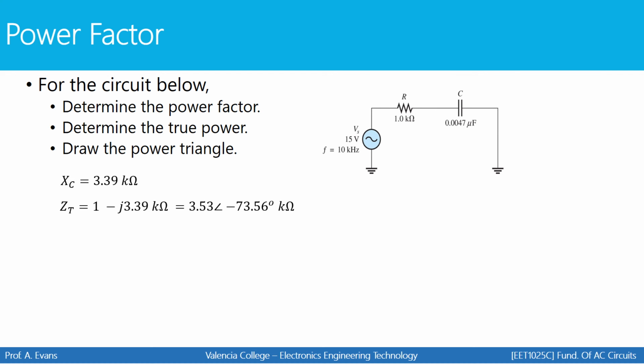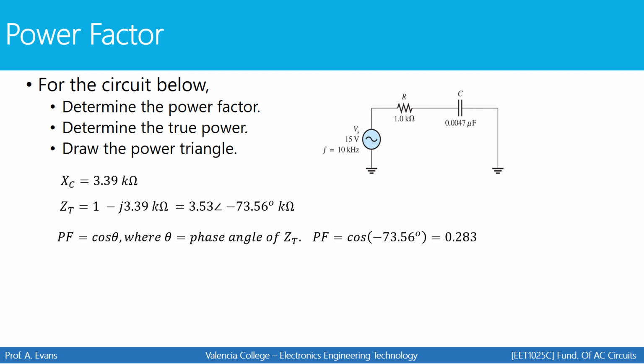So plug in our values for R and XC, and we will get 3.53 kiloohms at an angle of negative 73.56 degrees. Now, power factor is equal to the cosine of theta, where theta is the phase angle of your total impedance. So our power factor is going to be cosine of negative 73.56 degrees, which is 0.283.